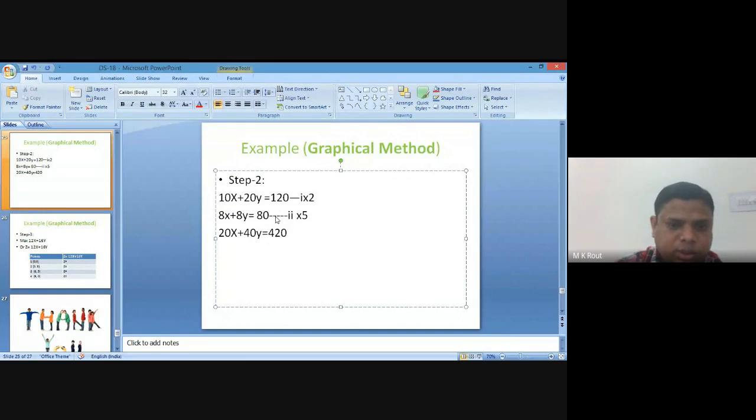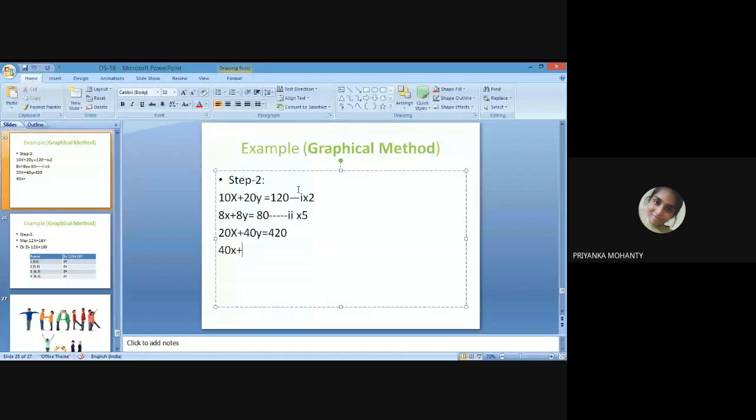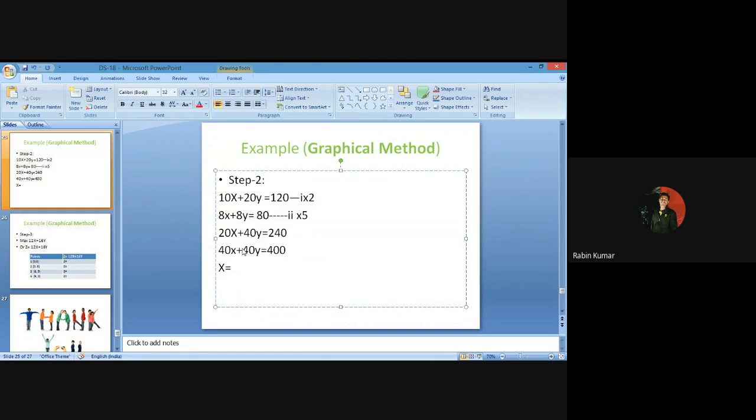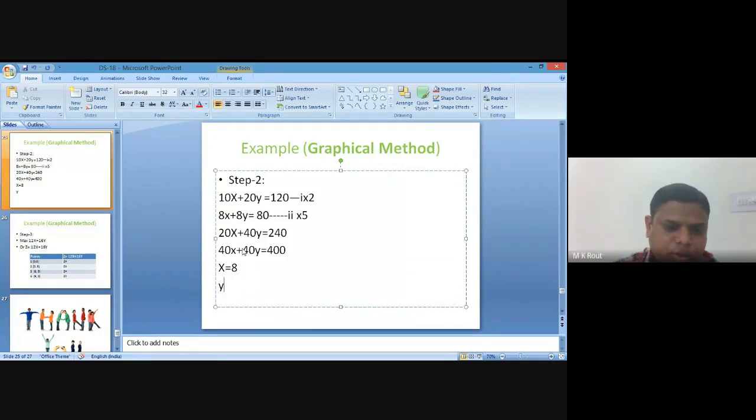The next equation is 40x plus 40y equals 400. So what is the value of x here? Sir, x equals 8, y equals 2.